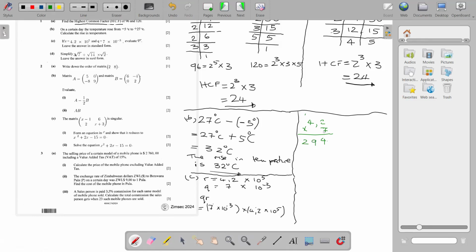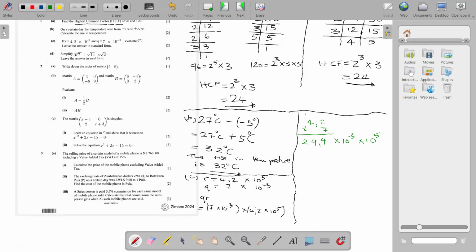Then count the decimal places, it's 1. 29,4. But don't forget that 29,4 is only for these two parts. That needs to be multiplied by 10 to the power a negative 3 multiplied by 10 to the power 5.